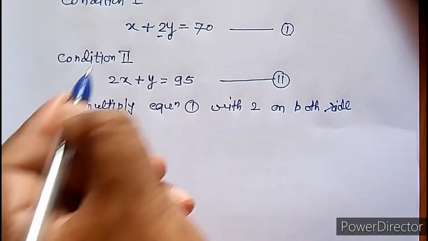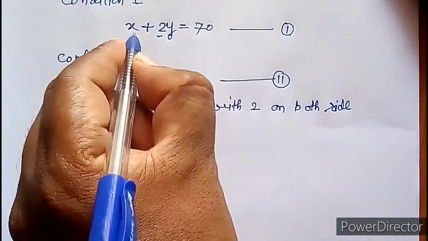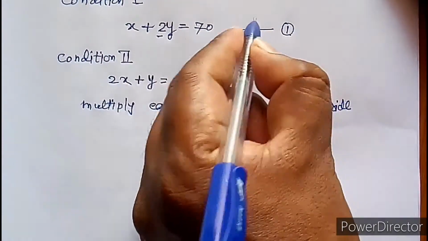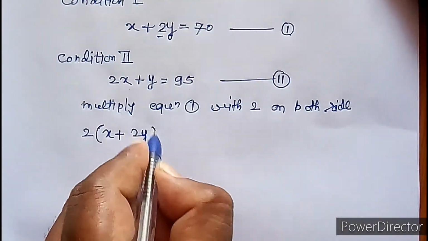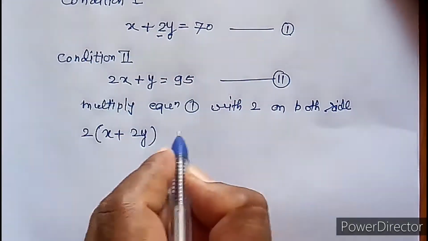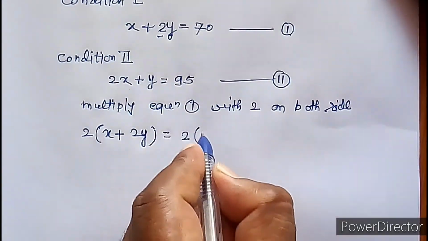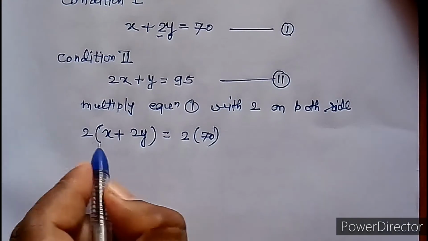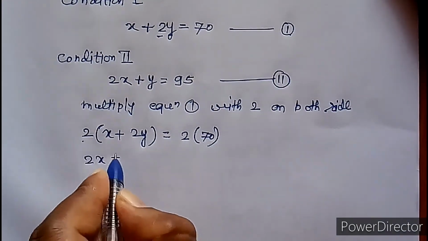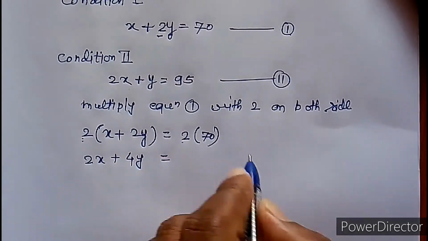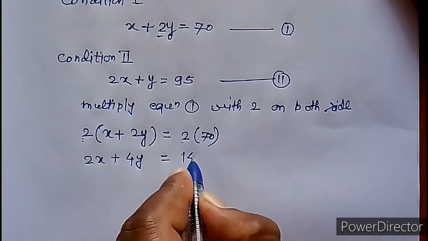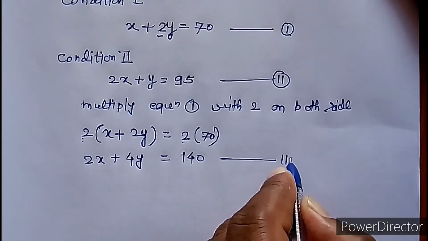Equation number 1 is x plus 2y equals 70, so we multiply 2 on the left side and the right side: 2 into (x plus 2y) equals 2 into 70. Now 2 into x is 2x, 2 into 2y is 4y, and 2 into 70 is 140. Now we get equation number 3.